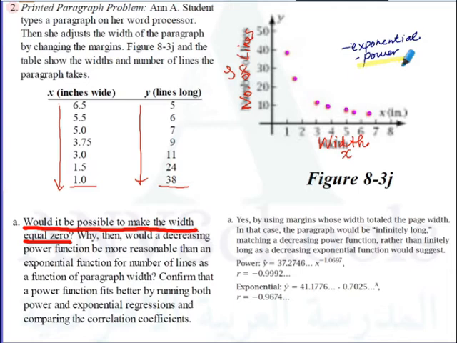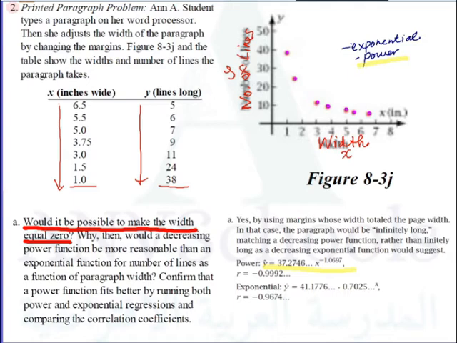So anyway, running the regression for both the power function and the exponential function in your grapher, we will get y = 37.2746 x^(-1.0697) for the power function. And look at the correlation coefficient.